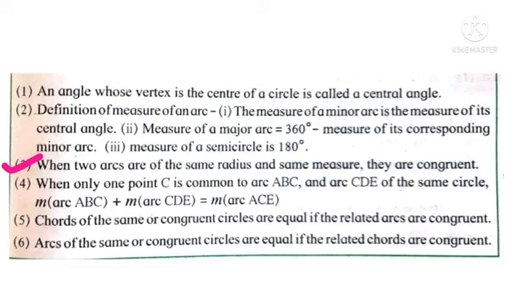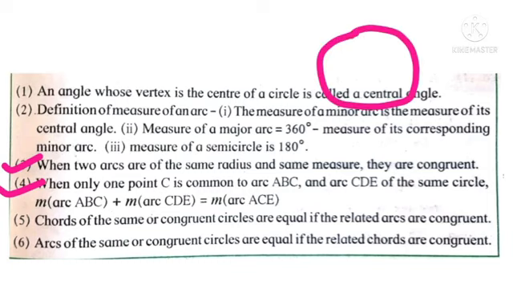Okay, when only one point C is common to arc BAC and CDE of the same circle, that is measure angle ABC plus measure angle CDE is equal to measure angle ACE. Means what? Understand? See, I draw here figure.